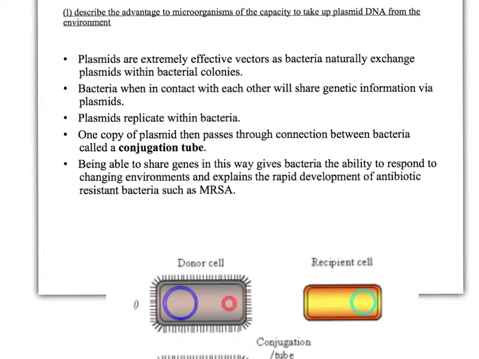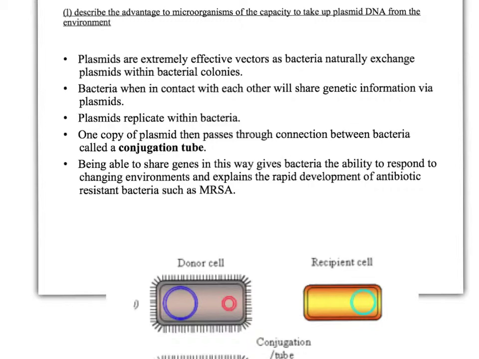A useful gene in one bacterium, the plasmid can be replicated using DNA polymerase to form multiple copies of that plasmid, and that plasmid can then pass to neighbouring cells.